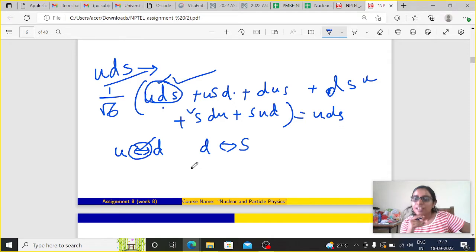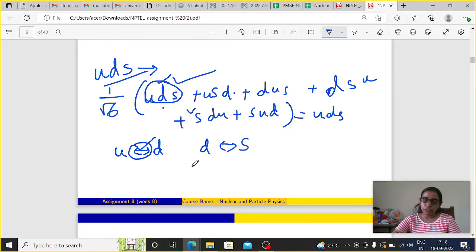Why do we spend more time doing this calculation? See here, in all of elementary particle physics, all the concepts are totally based on some symmetry or some rules.